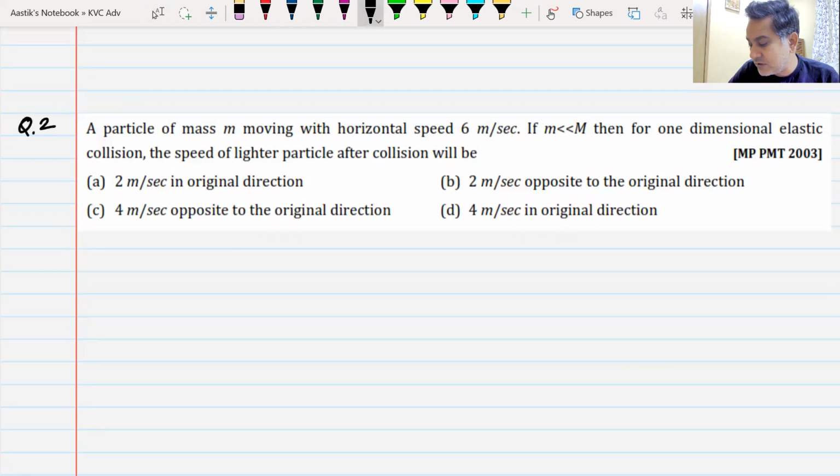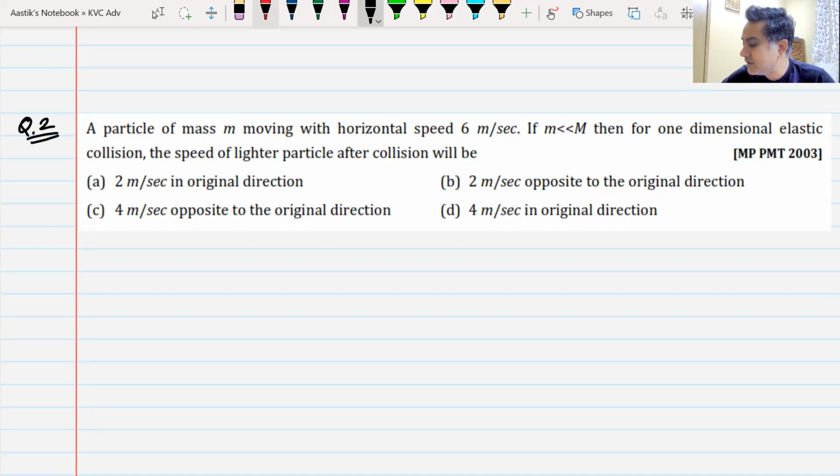Question number 2, I'll call it for today. A particle of mass m moving with a horizontal speed of 6 meters per second. If m is very small compared to capital M for one-dimensional elastic collision, the speed of the lighter particle after collision would be. It's not given there.